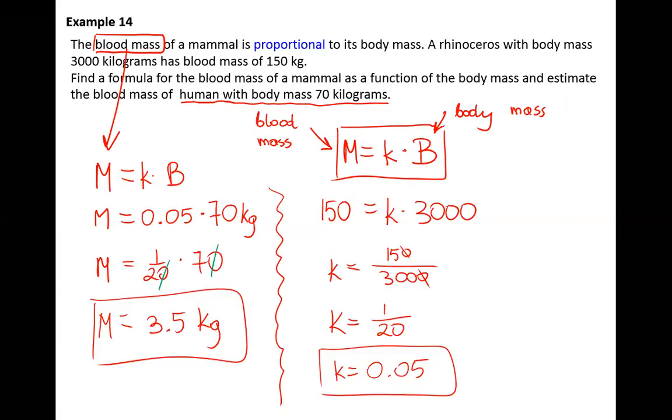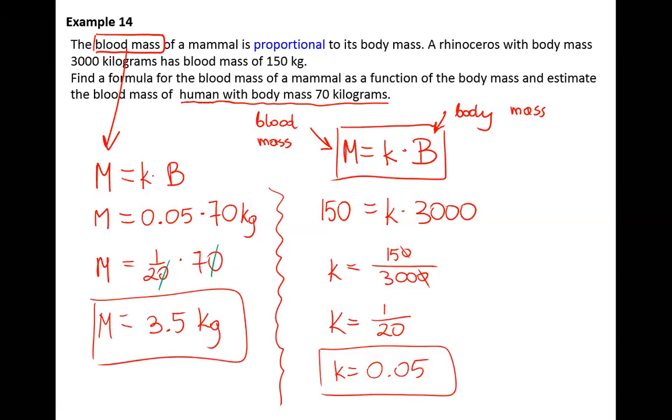Yes, you have to multiply by 2.2. Or if you understand the metric system, for 70 kilograms, 3.5 kilograms. I think that's a lot, right?